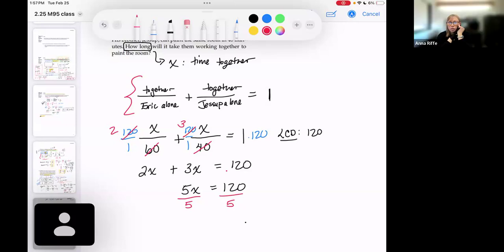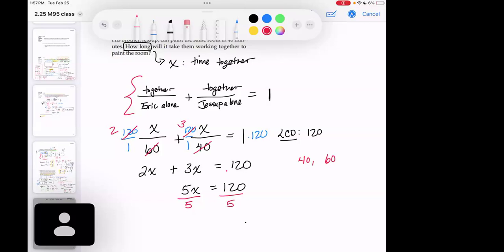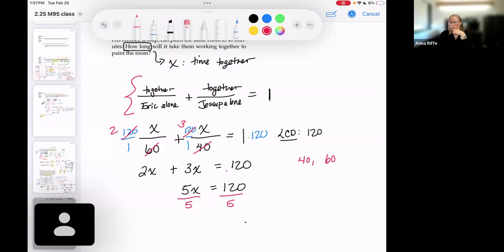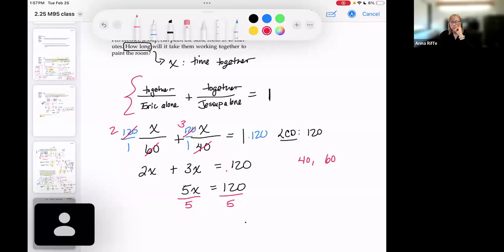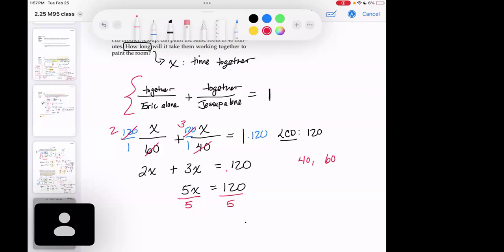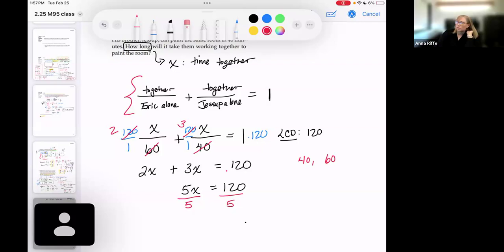When you are looking for the least common denominator, you're looking for something that both 40 and 60 will evenly divide, something that they'll go into, not something that is a factor of 40. So 20 would be the greatest common factor of those two. It's kind of doing the opposite of factoring.